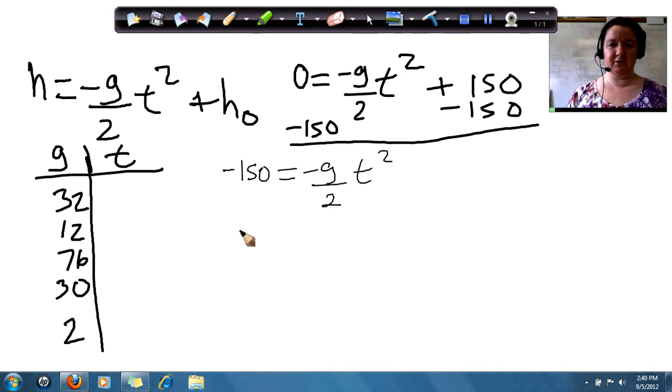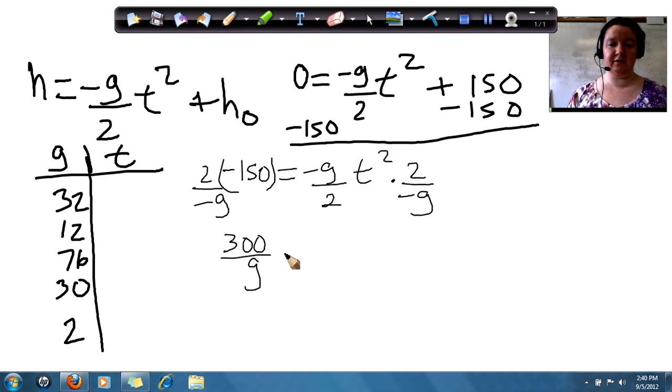So I'm going to cross multiply, or I guess invert multiply. I'm going to multiply by 2 over a negative G. So now I have 300 over G equals t squared.